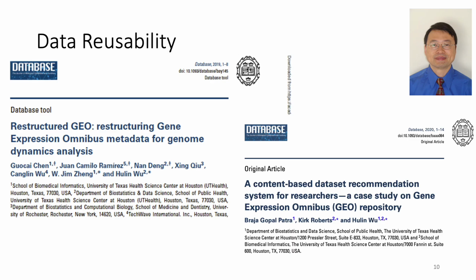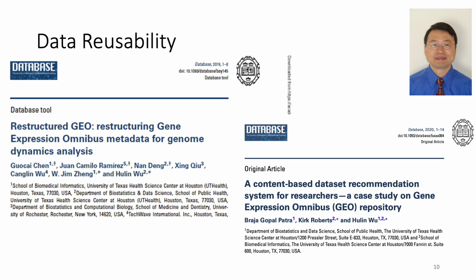Another thing we have been doing is collaborating with the DSICCR participating faculty to develop different ways to help with data discovery and improve data availability. For example, we work with Dr. Huling Wu, who is also the co-leader of the Biostatistics Division of DSICCR. We developed a text mining-based approach to reanalyze the metadata of the GEO database.